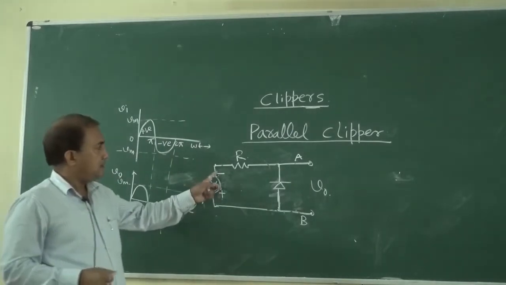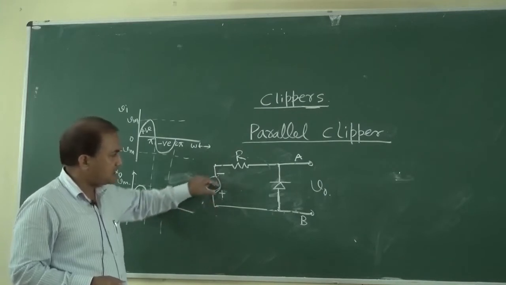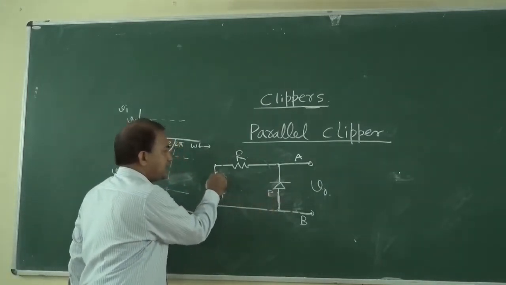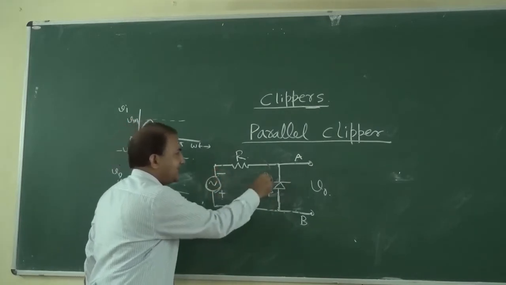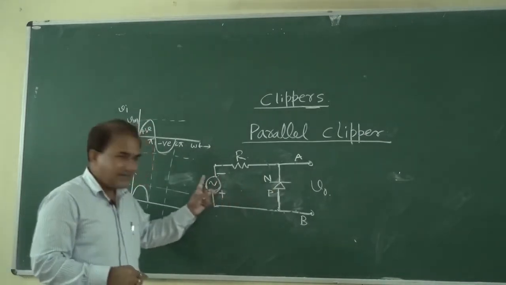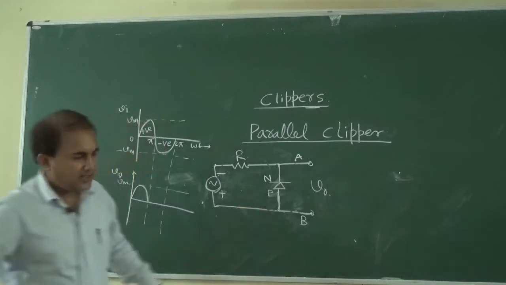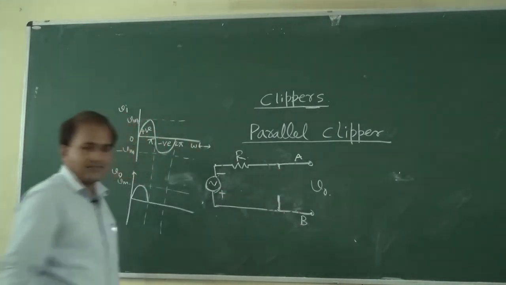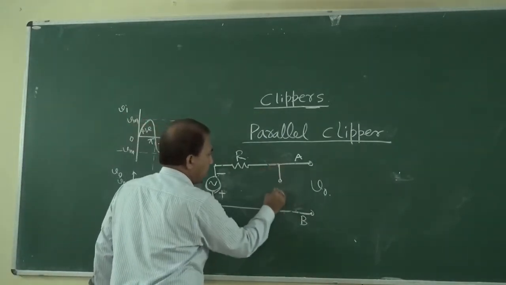The positive terminal is connected to the P side and the negative terminal is connected to the N side. So under this condition, this diode is in forward bias. In forward bias condition, we can replace this diode with a short.